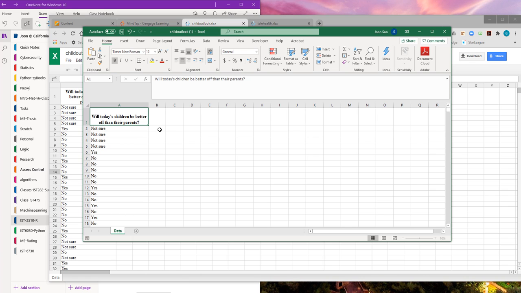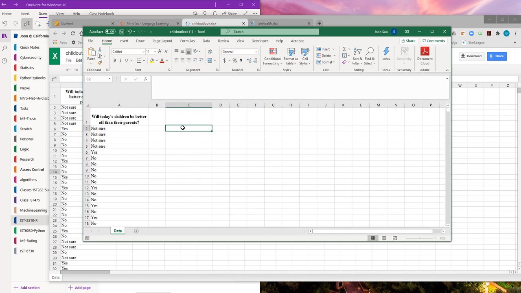Let me write it here, and make this a little bit larger. We know the sample size n is equal to 1,000. The response of interest is yes.